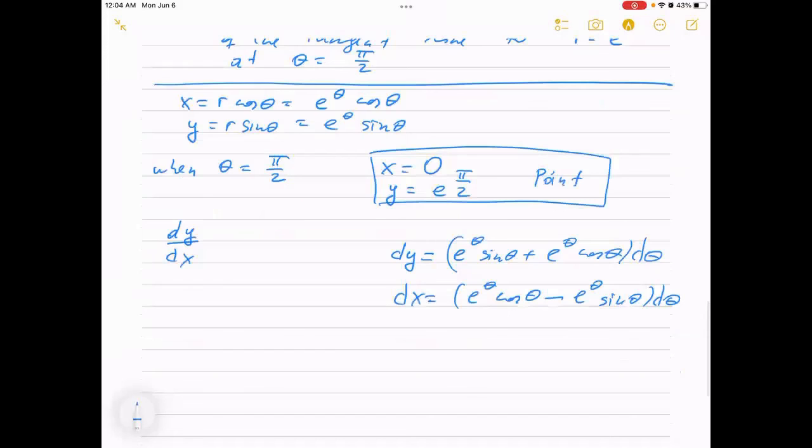So we can find the derivative dy/dx: e to the theta sine theta plus e to the theta cosine theta, divided by e to the theta cosine theta minus e to the theta sine theta.